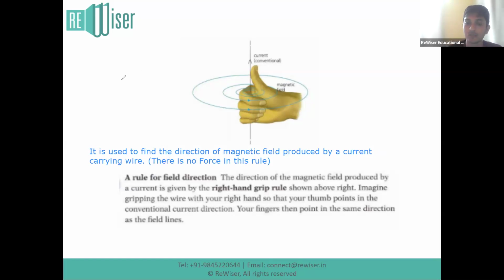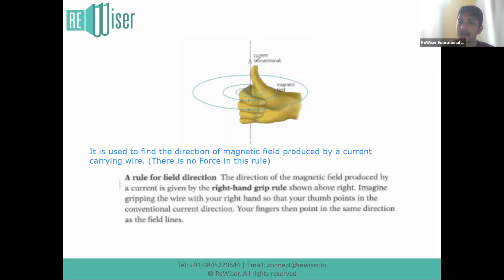So what does the rule say? The rule says if you hold the right hand as given in the diagram, like a thumbs up, then if your thumb indicates the direction of current or the conventional flow of current, positive to negative, through a wire, then the direction in which the other four fingers curl around your thumb gives the direction of the magnetic field that is produced by the given current carrying wire.